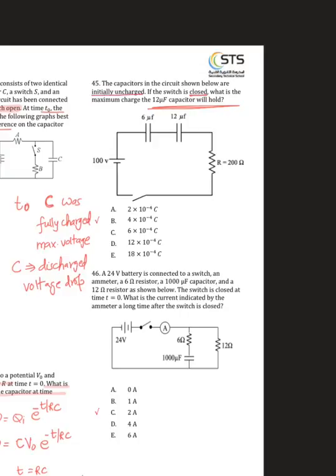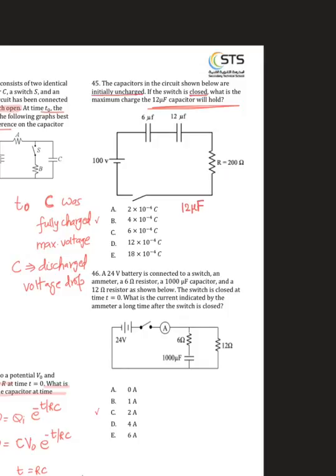Okay, so now because both are uncharged, you will have current flowing through the circuit, and we know that capacitance and voltage are inversely proportional. So definitely the 12 microfarad capacitor is going to have less voltage drop across it.